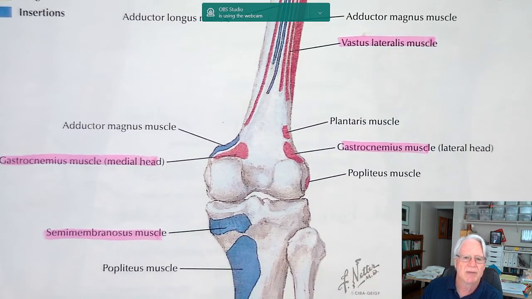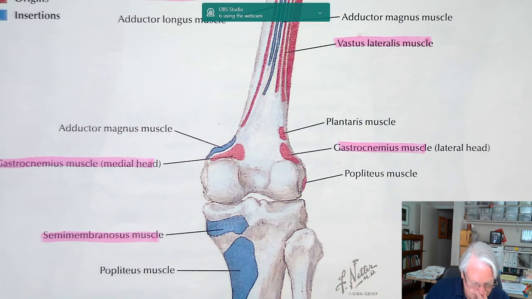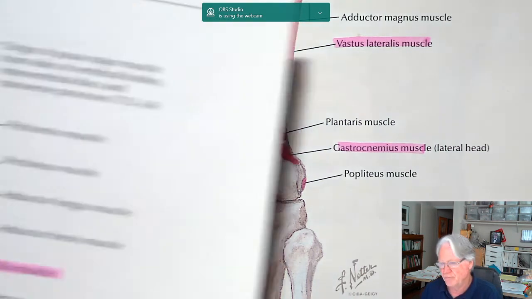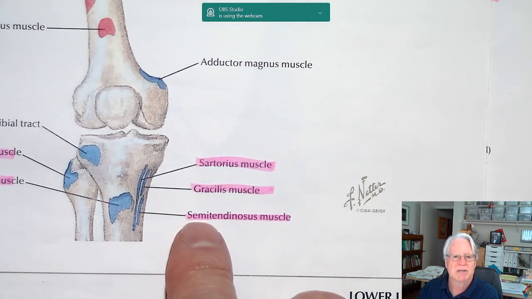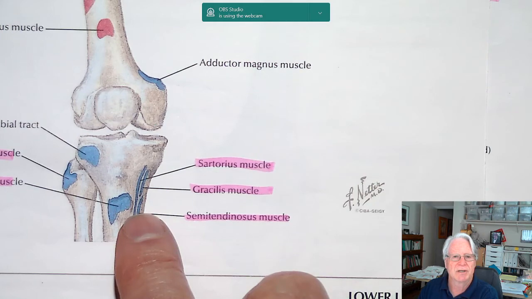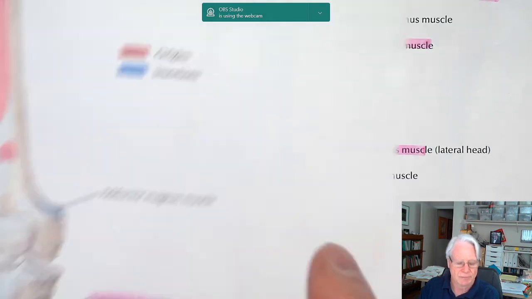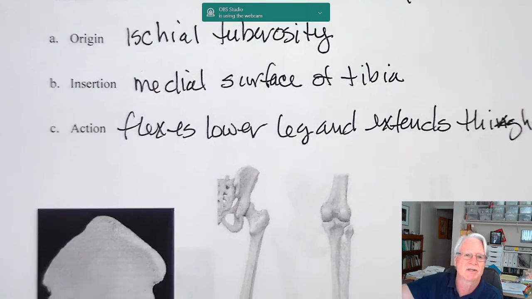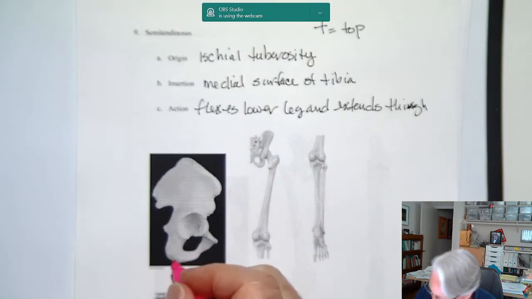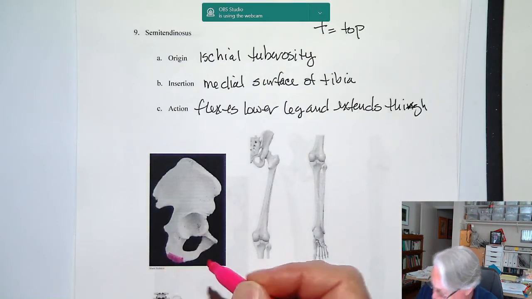Semimembranosus. Okay, and where's my semitendinosus? Right here. Semitendinosus, right there. Okay. All right, so let's do this. So semimembranosus, location in red right here.